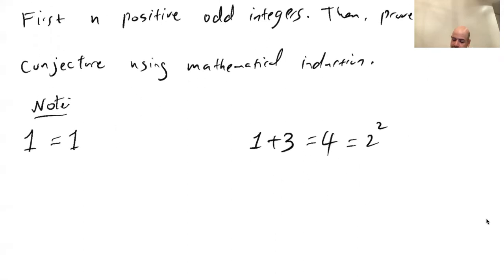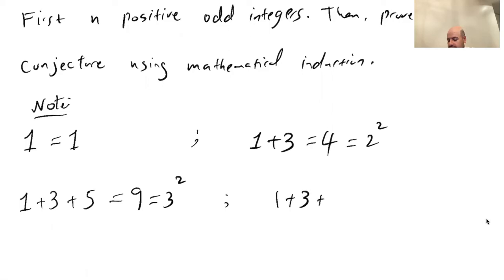And then if I look at the first three odd integers and add them, 1 plus 3 plus 5, that's 4 plus 5, which is 9, and 9 is 3 squared. I look at the next case, the sum of the first 4 positive odd integers, 1 plus 3 plus 5 plus 7.